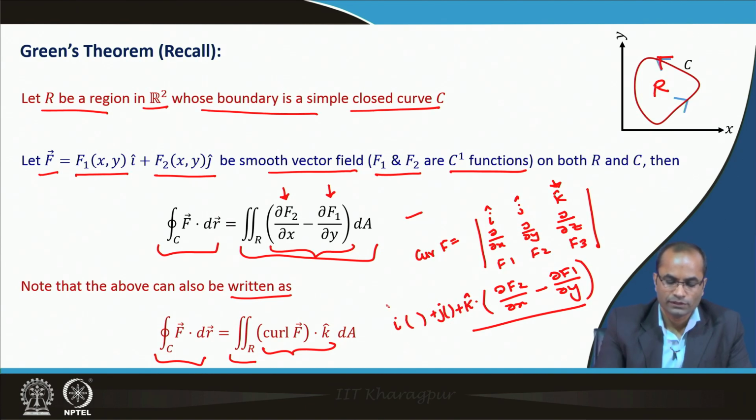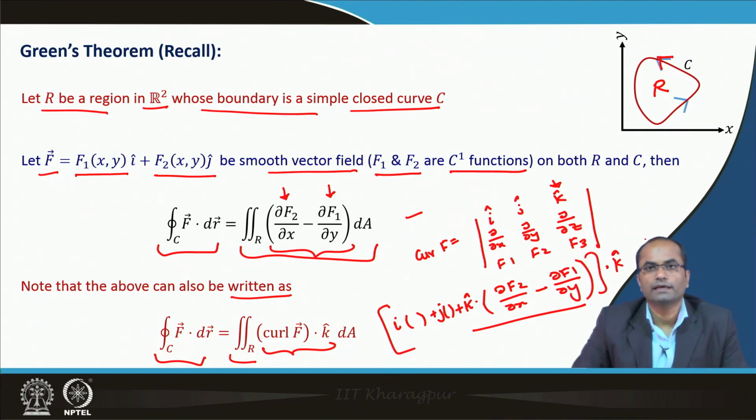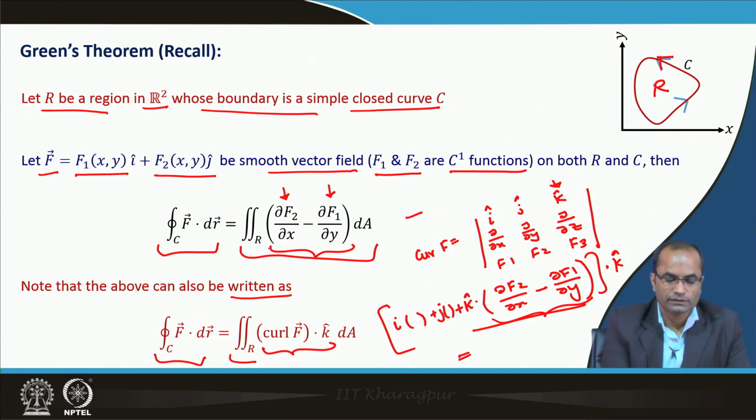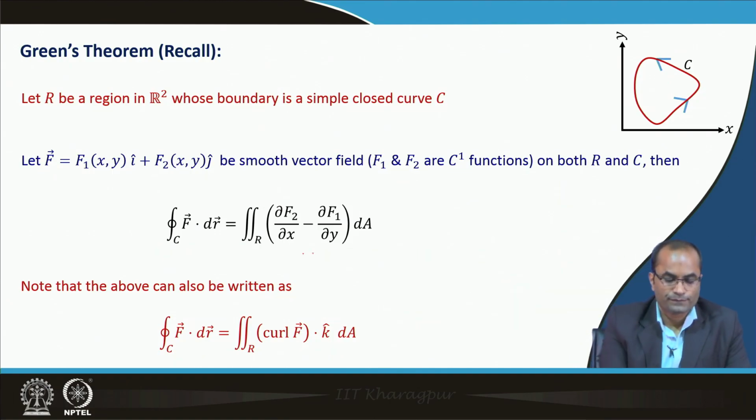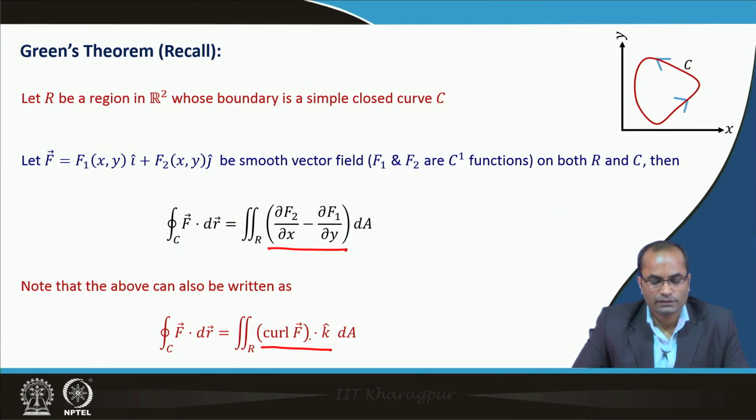So, if we put a dot product of curl f with the unit vector k, we get del f2 over del x minus del f1 over del y. This is exactly the integrand of the area integral in Green's theorem. So, instead of writing this integrand, we can also write curl f dot k.